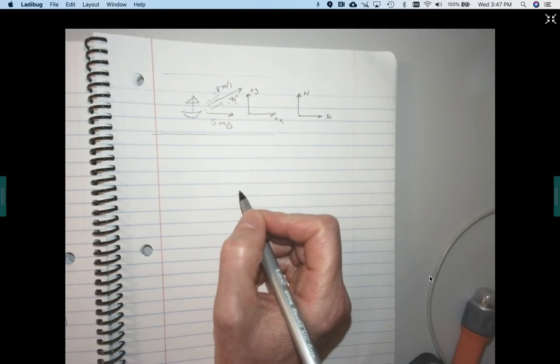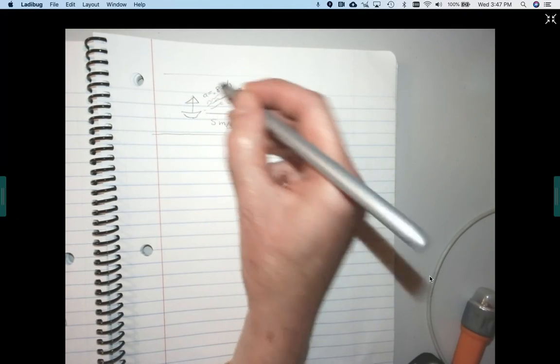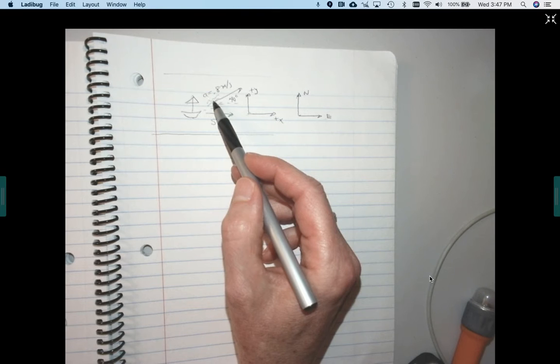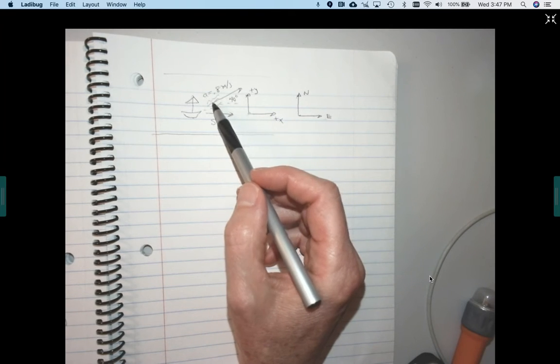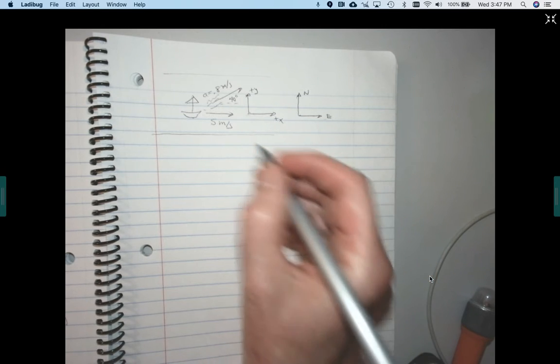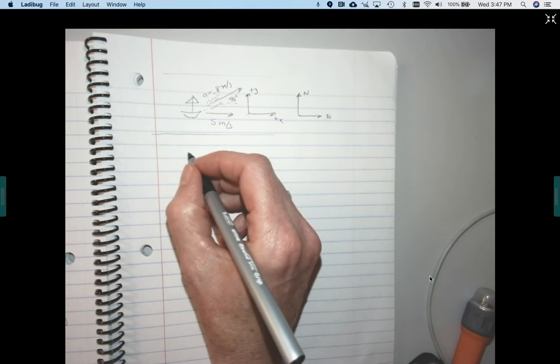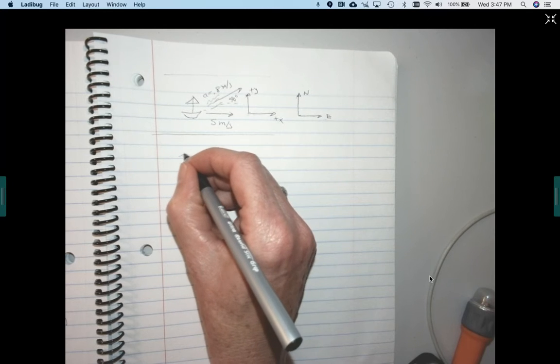This is different in that our acceleration is given at an angle. In projectile motion, we've seen initial velocity at an angle. Here we actually have acceleration at an angle, so we're going to have to break that into our x and y components. Let's do that first, and then we'll gather up the rest of the things that we know.